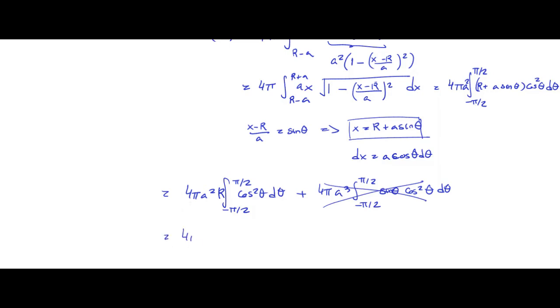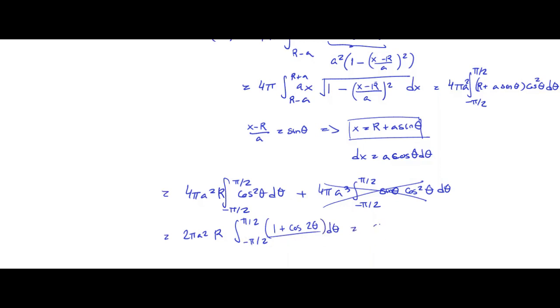This is 4 pi a squared r, the integral between minus pi over 2 and pi over 2 of the cosine squared, and we can rewrite the cosine squared as (1 plus the cosine of 2 theta) over 2, right? So we can divide 2 and 4, so here we have 2 pi a squared r times the integral of this, right?